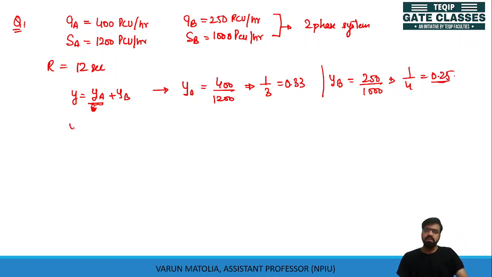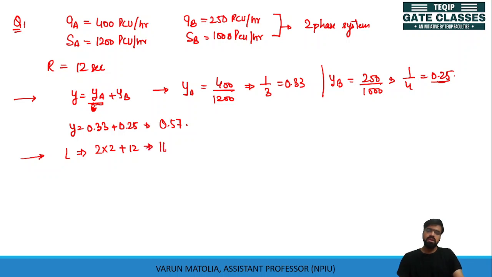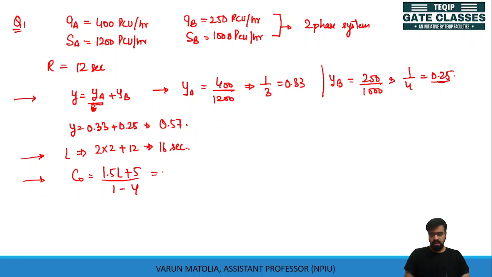Y is 0.33 plus 0.25, which is 0.57. We can calculate the value of L. For a two-phase system, L equals 2 times 2 plus 12, which is 16 seconds. Now using the Webster formula, cycle time can be calculated as 1.5 L plus 5 divided by 1 minus Y. Let us put the values and calculate the answer.